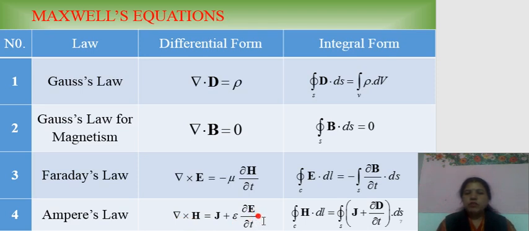Integral form is that closed contour integral over contour C of H into dl equal to the surface integral of J plus partial derivative of D into ds. These are Maxwell's four equations. Now we have to see the significance or physical interpretation of these equations, or what is the meaning of this differential form and integral form, that we will see one by one.